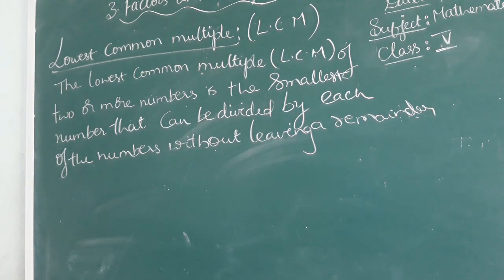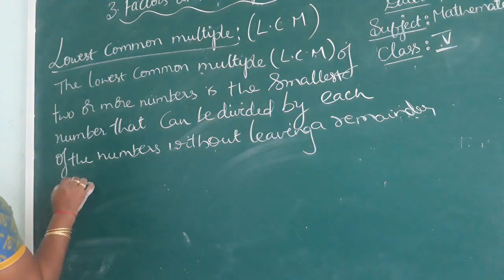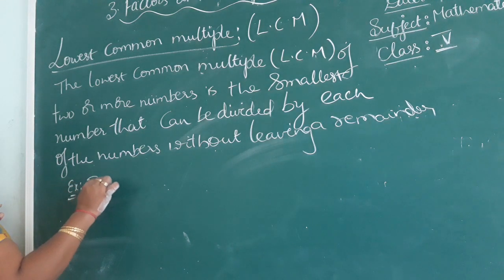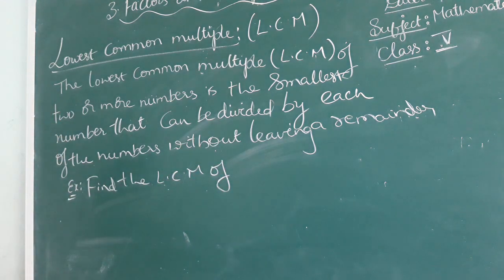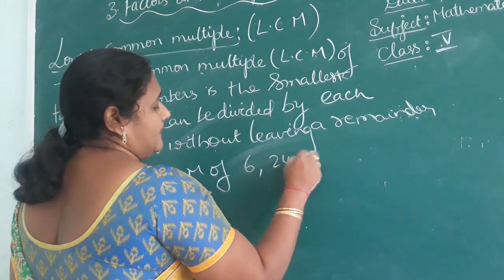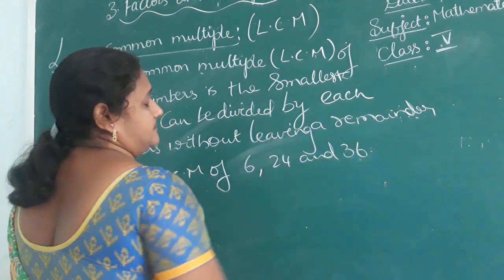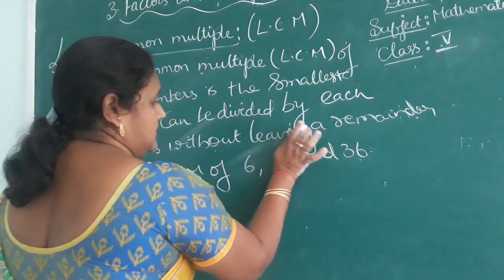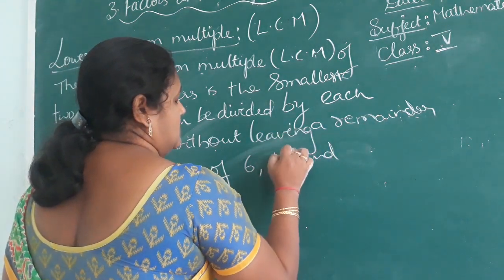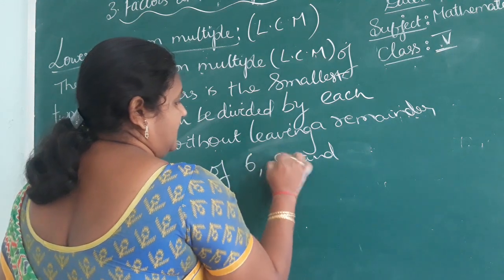Find the LCM of 6, 8 and 12, by the common multiple method.